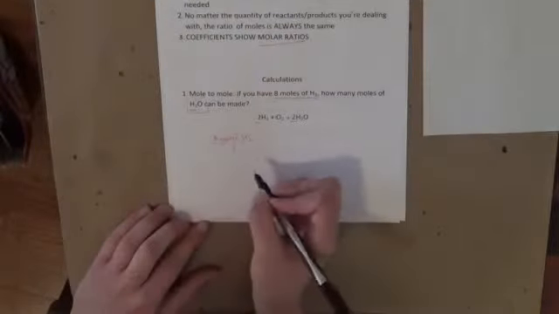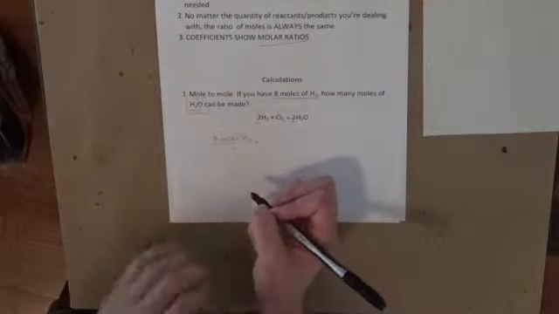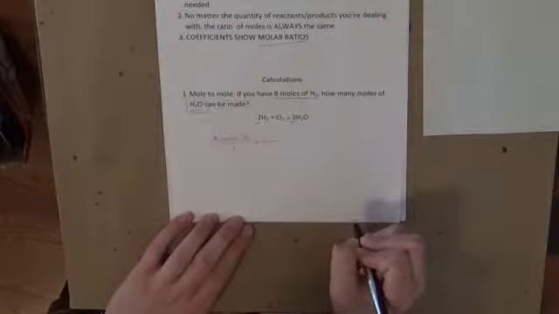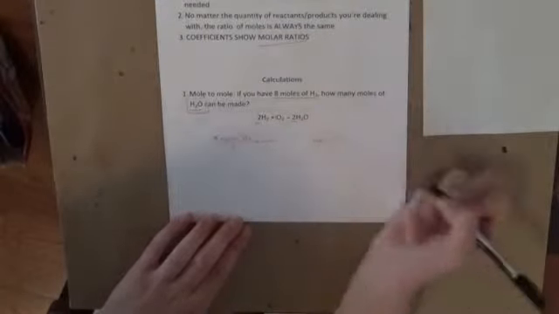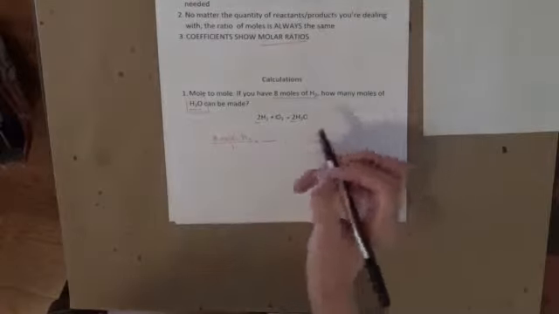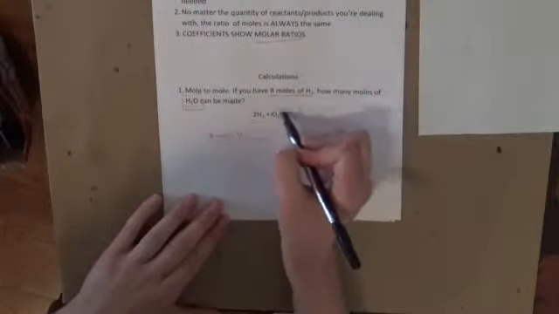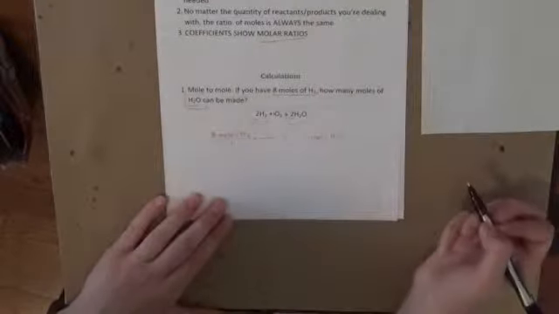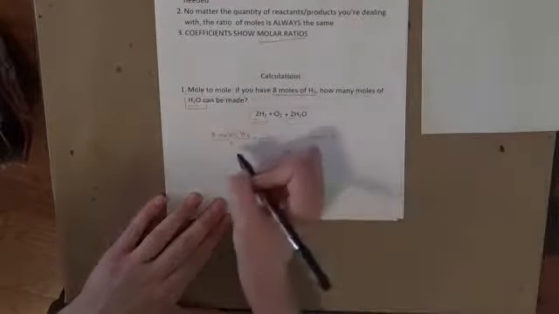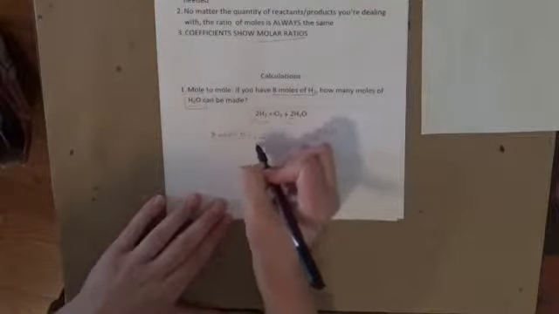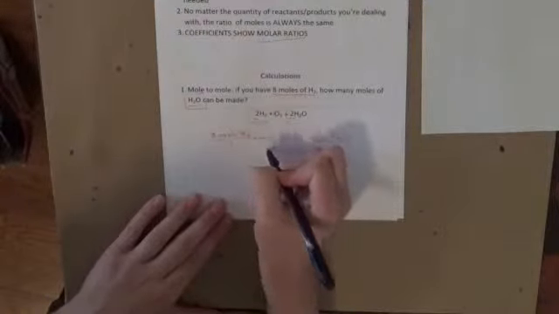We're going to multiply it by a ratio that we can find from the coefficients in order to get what we need over here, which is ultimately moles of water. So the ratio of moles of hydrogen to moles of water is going to be a 2 to 2 ratio. You're starting with what you're given, and that's going to end up on the bottom in the ratio.